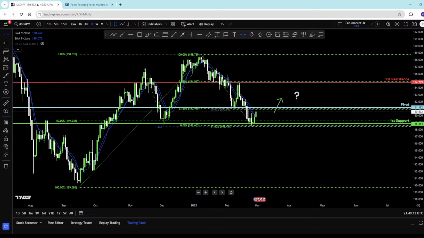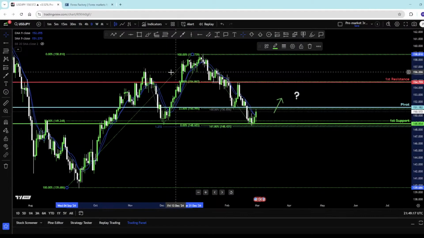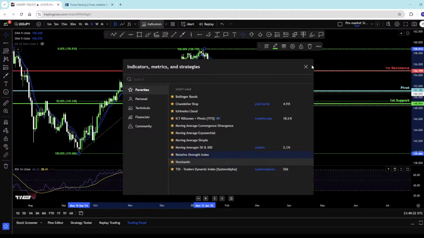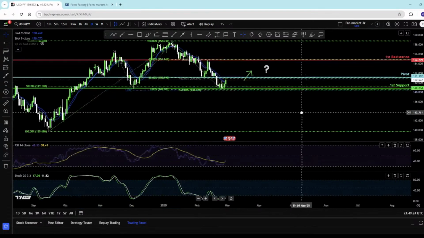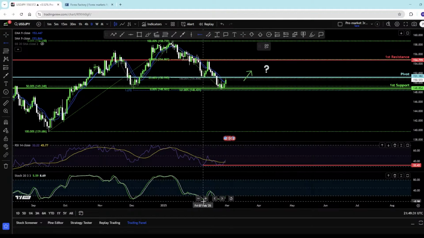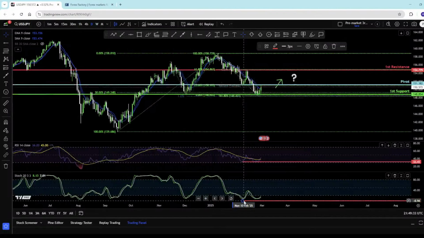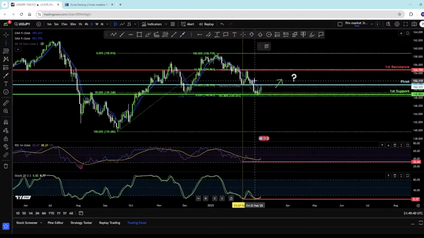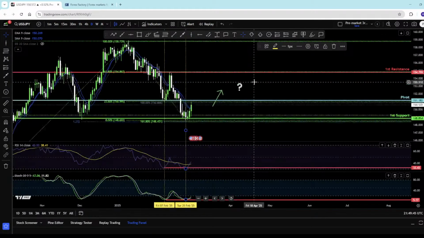Okay. And lastly, let's look at the RSI and stochastic levels. Okay, I just want to zoom in to these two points here.